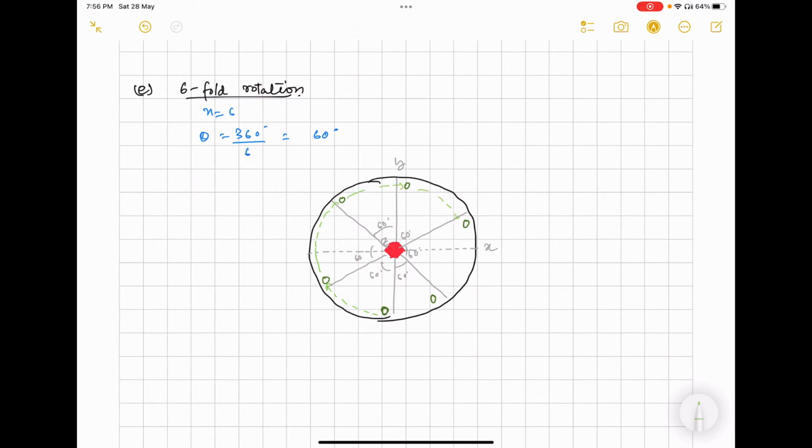In all we get a total of 6 points. So the order of symmetry becomes 6. Among the rotations, this is the highest symmetry since it has the highest order of 6.